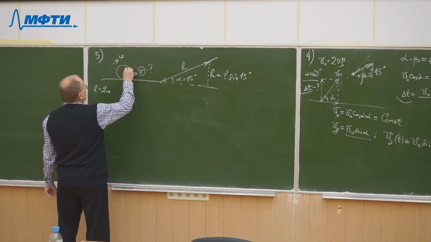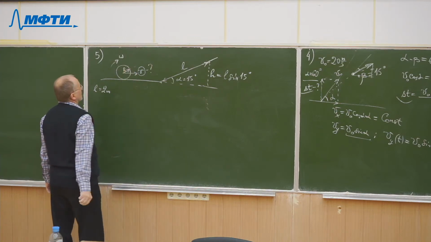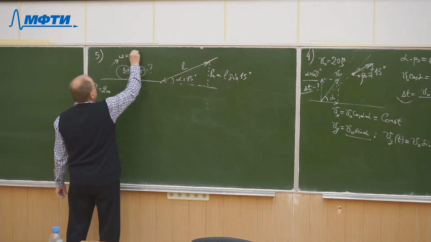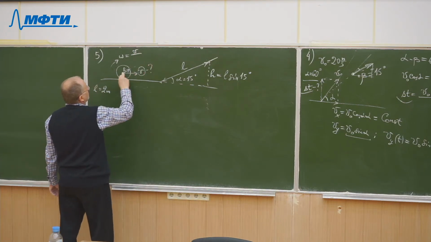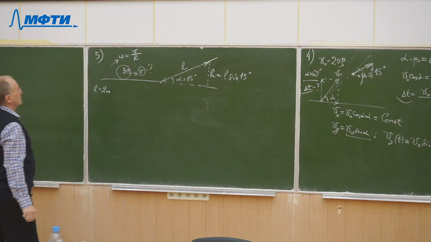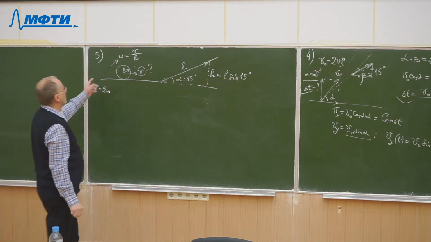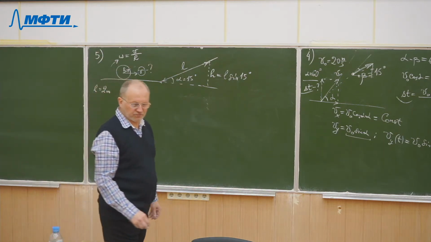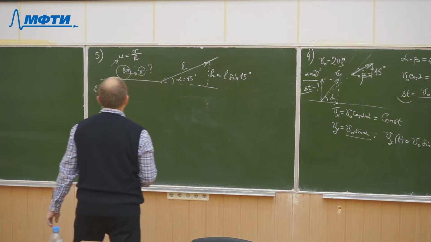So if the radius of the disk is r, then the angular velocity is the linear velocity v of the center of the disk divided by r. That is a simple kinematical expression which we studied during the first 2 lectures of this course.